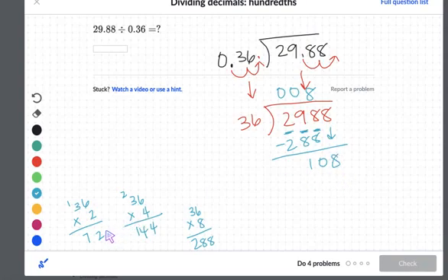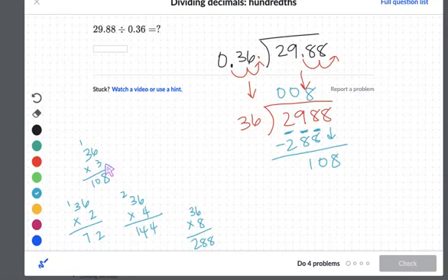Okay, I know it's going to be somewhere between 72 and 144. It looks like 72 might be good because, let's see, you know what? I'm not sure, so let me try 3. 6 times 3 is 18. 3 times 3 is 9. 9 plus 1 is 10. Oh, look at that. Good thing I tried it.